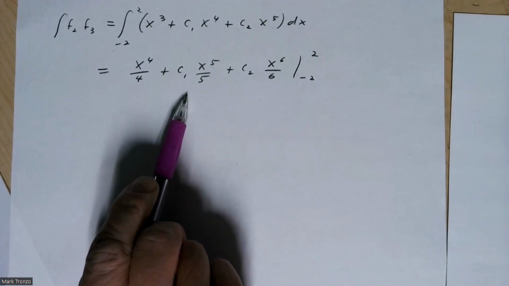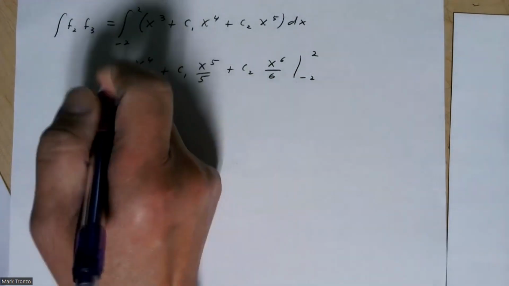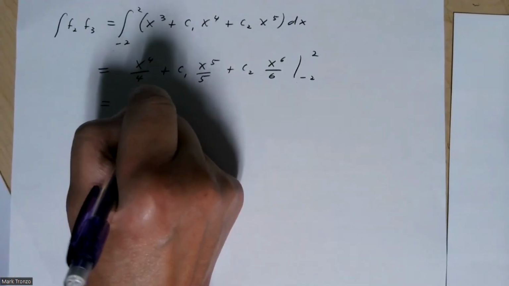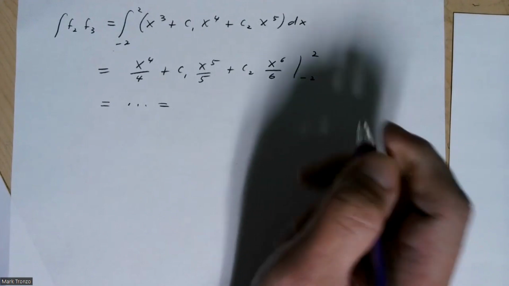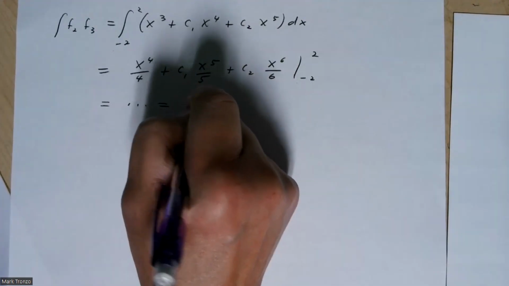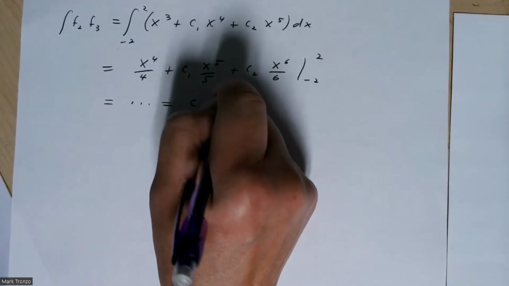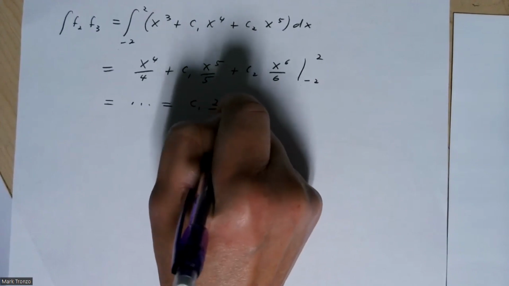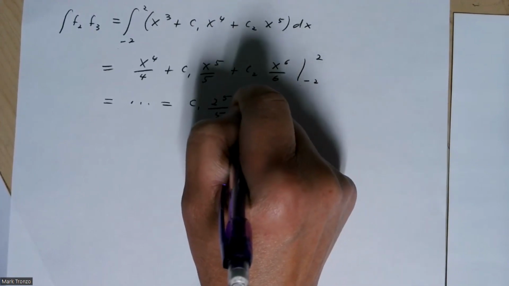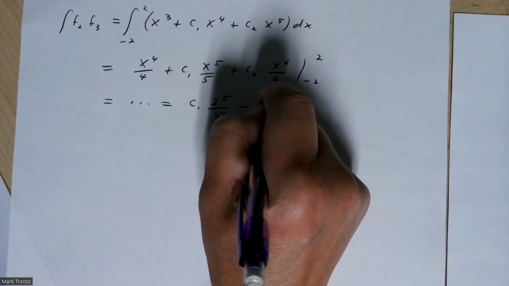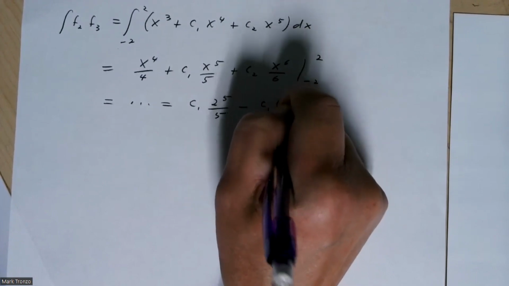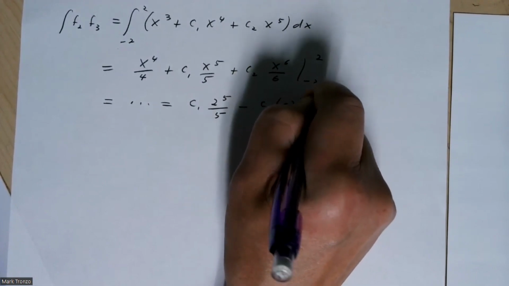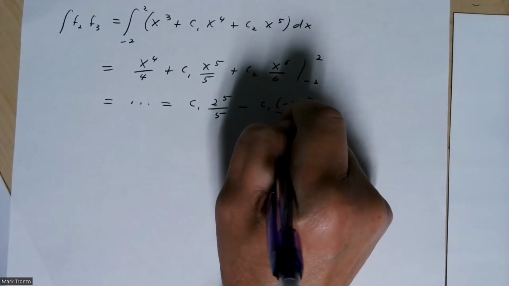So we're really going to only end up with this. And so we'll end up with C1 2 to the 5th divided by 5 minus C1 negative 2 to the 5th divided by 5.